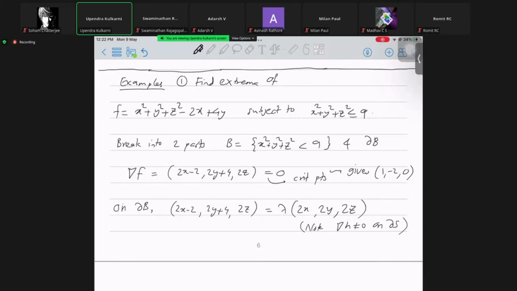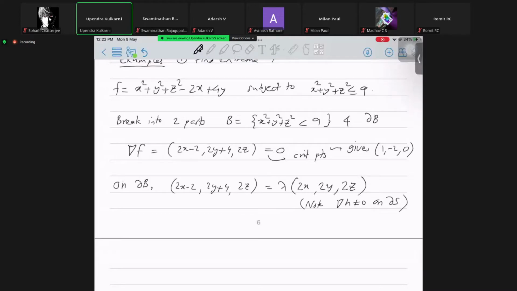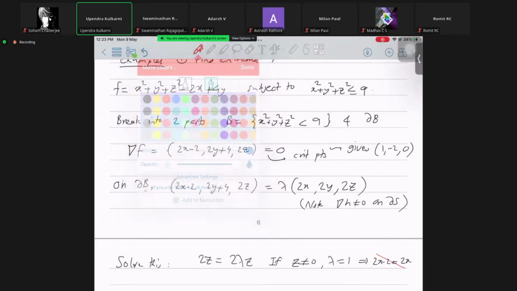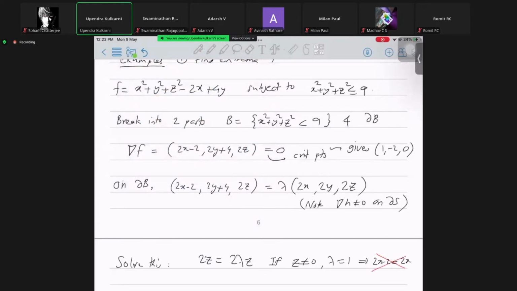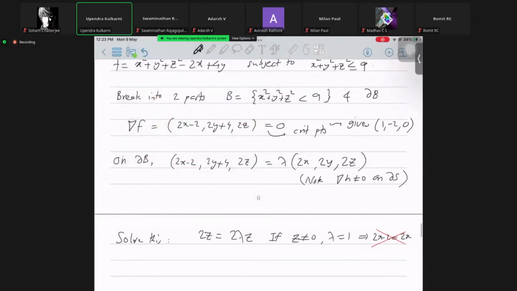So 2z equals lambda times 2z; z not equal to 0 means lambda equal to 1. But then that gives me 2x minus 2 equals 2x, which is not possible. Therefore we must have z equal to 0.